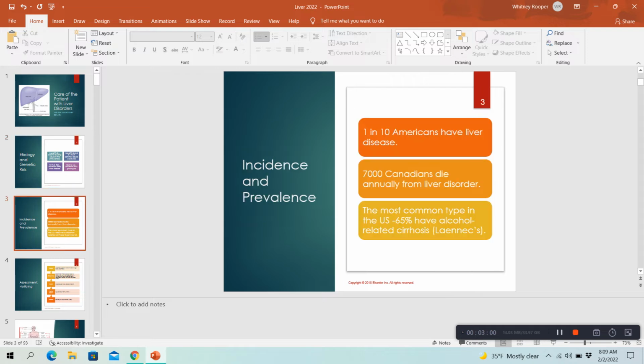Your incidence and prevalence: 1 in 10 Americans have liver disease. Quite a big number. The most common type in the U.S. is alcohol-related cirrhosis, 65%.